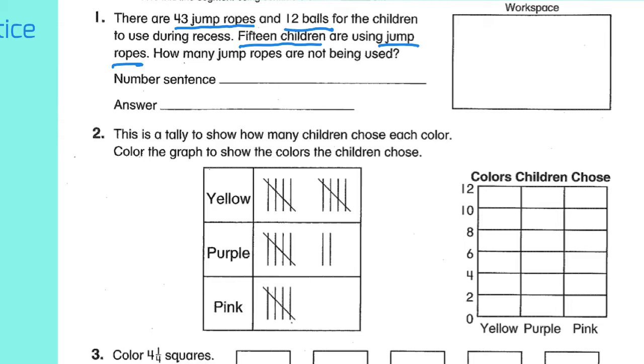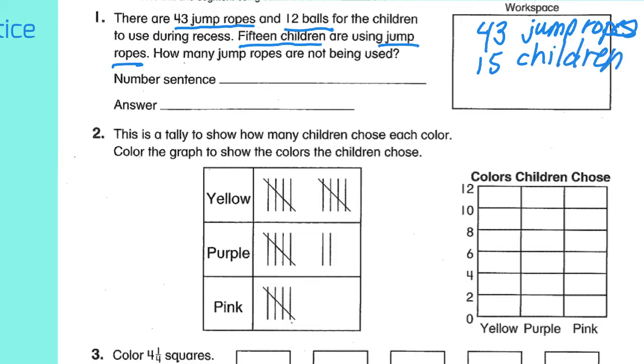The question is asking us about jump ropes. Let's see. We have a total of 43 jump ropes, and then we have 15 children using jump ropes.